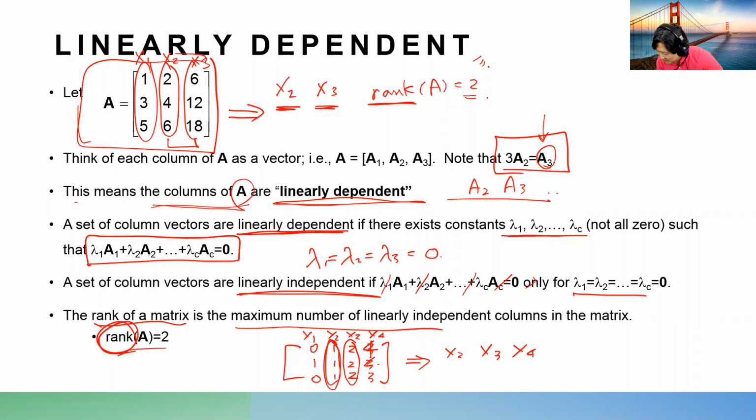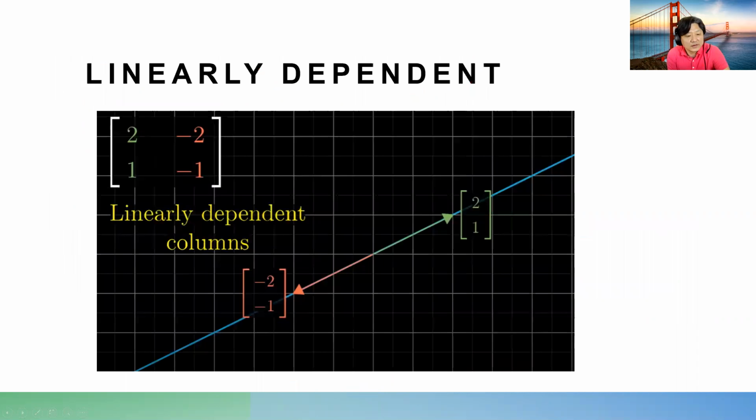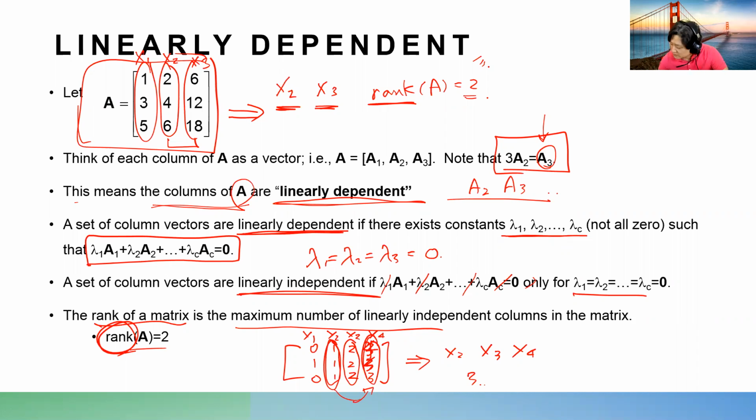It's fine, 3. So how many variables are linearly dependent? In this case, X2, X3, X4, so it will give us rank 3. Okay, the rank is the maximum number of linearly dependent columns, okay.